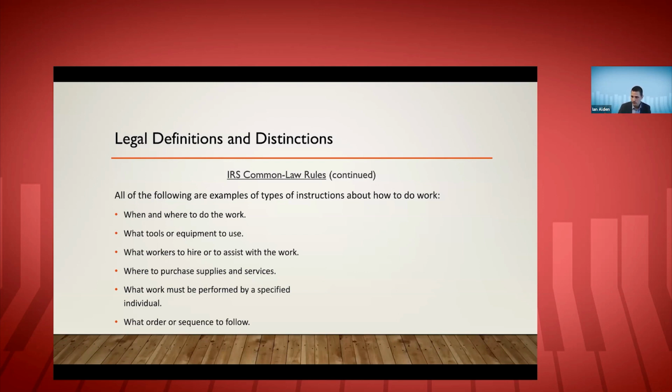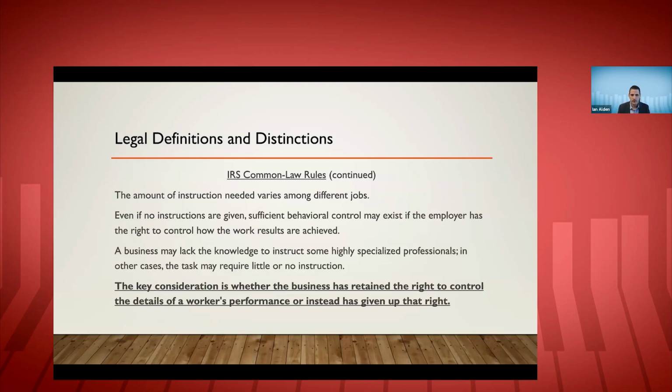It's not dispositive control. There might be a reason why you're doing that as part of the project spec based on your work with other contractors, but just understand that it's a thorny issue to control what order or sequence they do the work in. The amount of instruction needed varies among different jobs. Again, you might need to control some aspects to a limited extent, but don't go overboard with it.